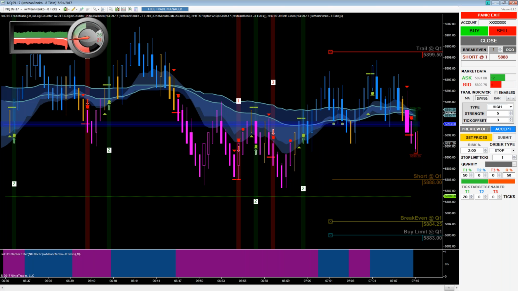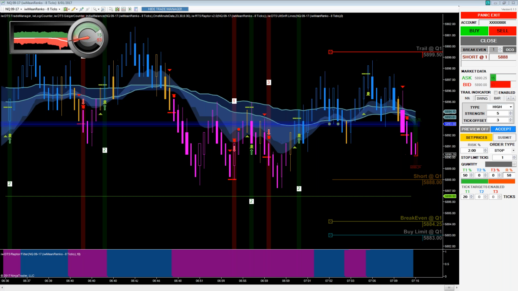All right, there we go. Took out a few orders. All right, let's see if we can't get a little follow through off that now. Here are the buyers trying to push back off of all these little itty bitty swing lows.